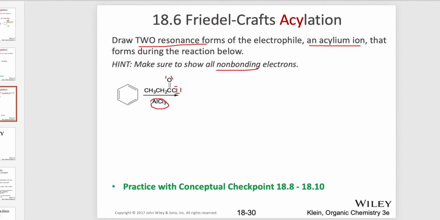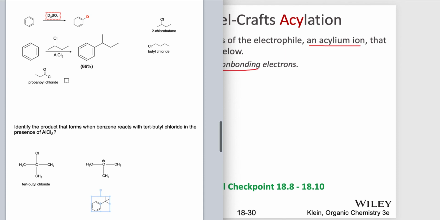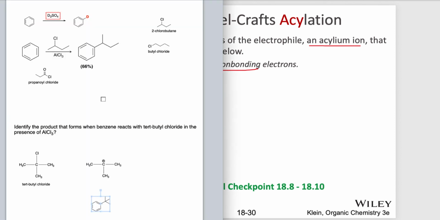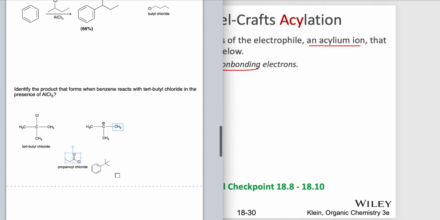Let me see whether I can go back to my ChemDraw program. So this is actually, let me see, is that the correct one? Yes, this is propanoyl chloride. So let me just copy this over or drag this down here into our window.